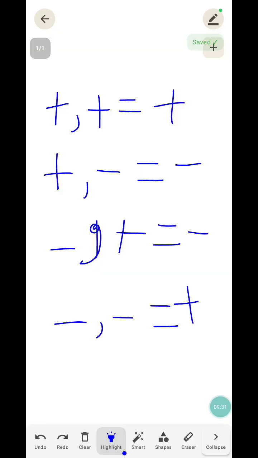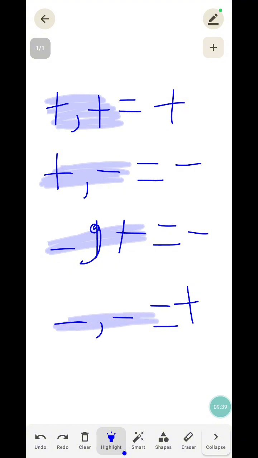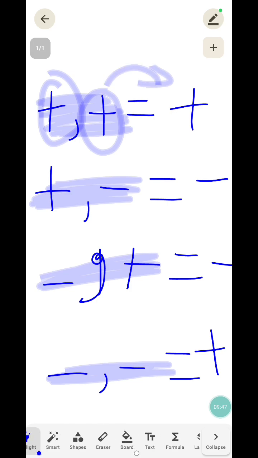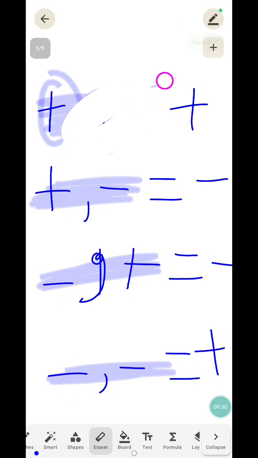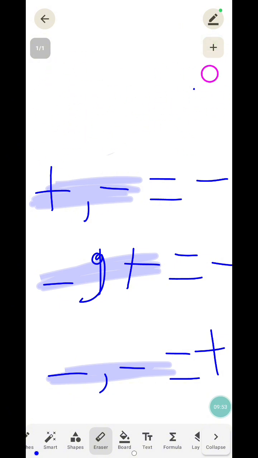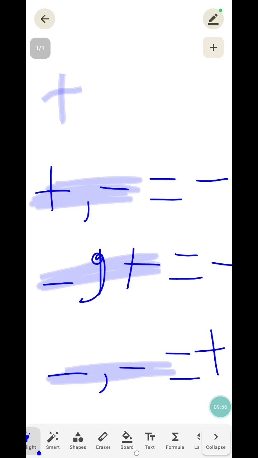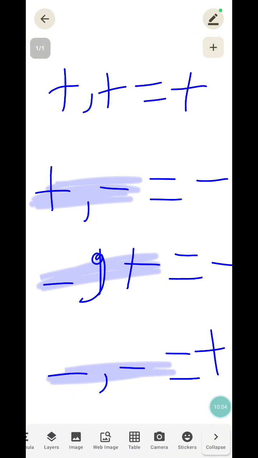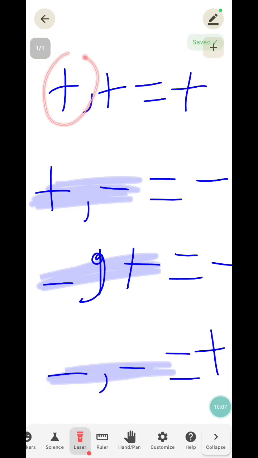So just look at these. Just focus on these. We can understand this by saying that a friend's friend is a friend.